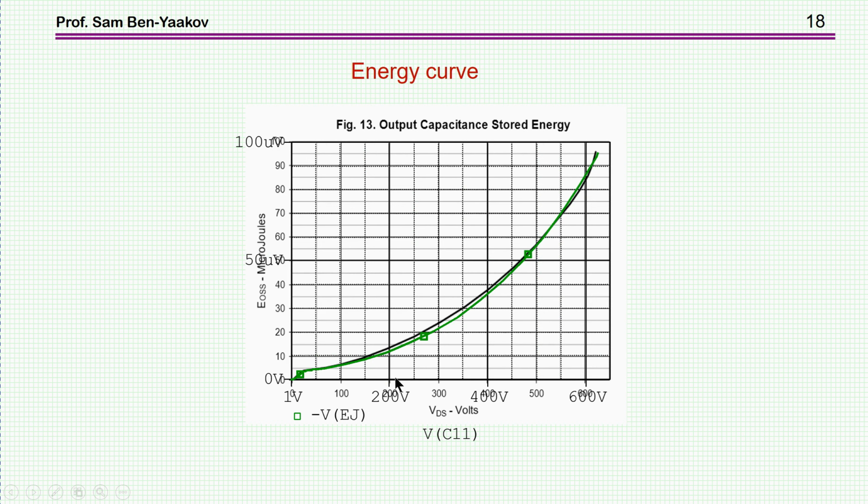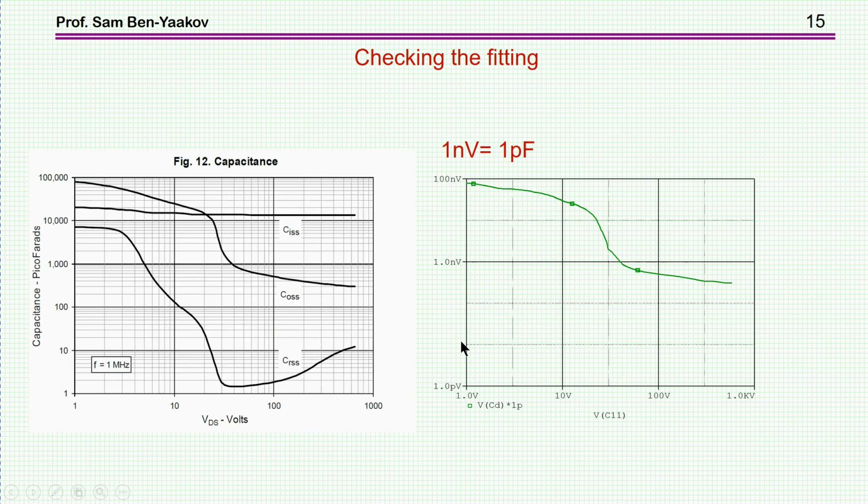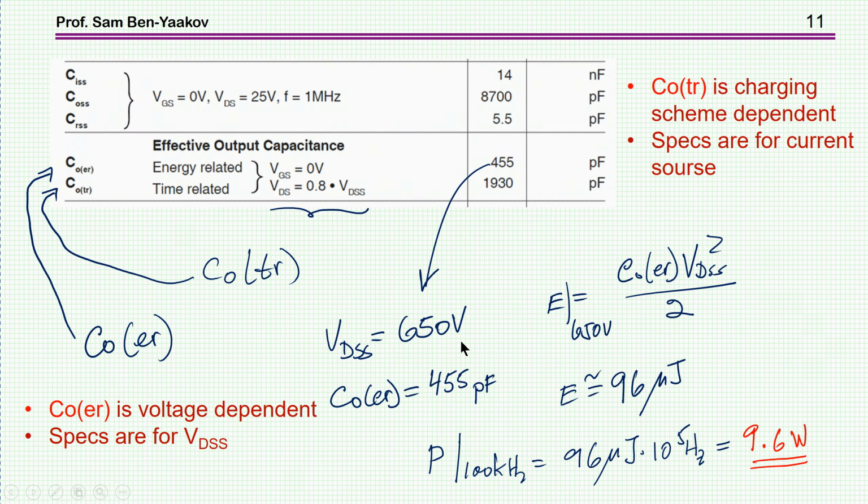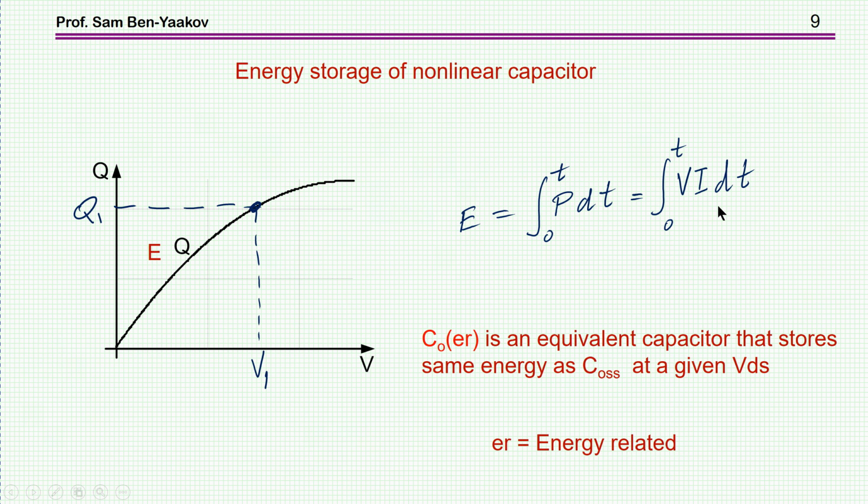I can generate this energy curve, that is the stored energy as a function of the voltage. To do that, I'll go back and use the very basic relationship, this integral. While doing simulation, I have the voltage of the capacitor and I have the current, and by integrating this, you can do it within PSpice, you can get the energy.